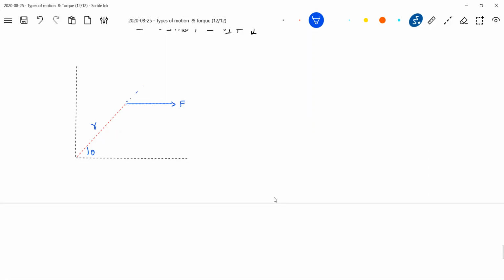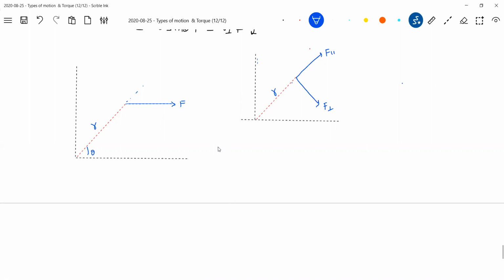So this should be the angle theta. When I resolve it, one force will be perpendicular, the other force will be along R bar. This is R, this will be F perpendicular, this will be F parallel.